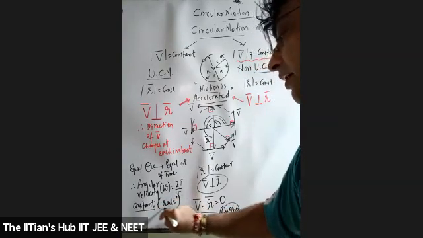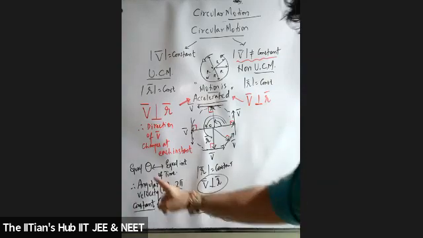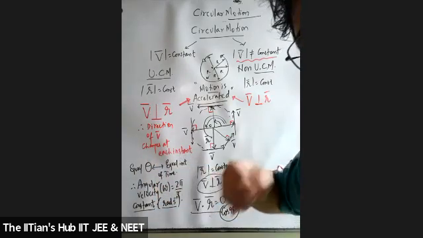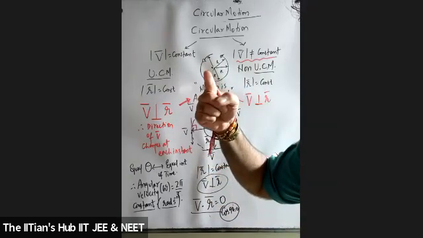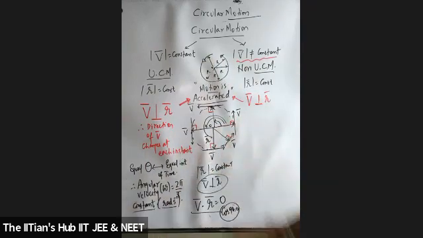क्या ये clear हुआ students? If a particle performs uniform circular motion, can I say it is going to trace equal angle in equal interval of time? Please pay attention, students.